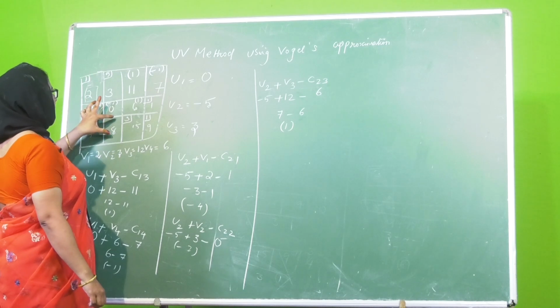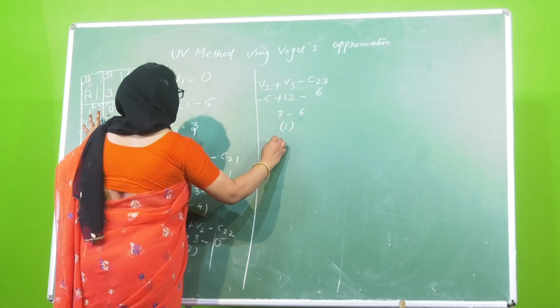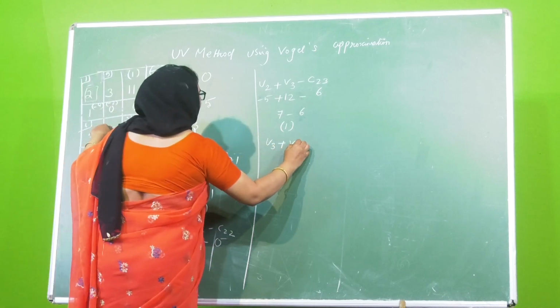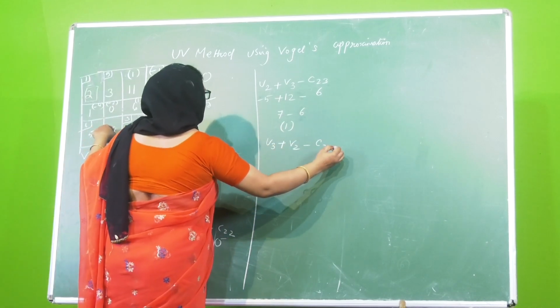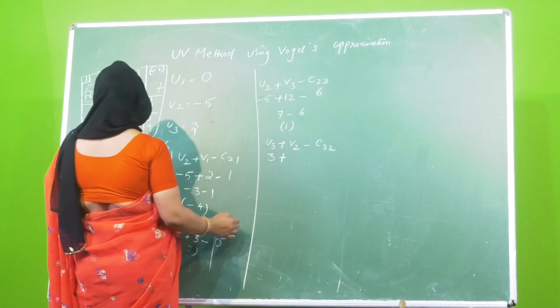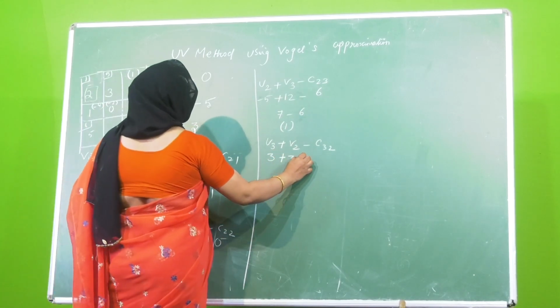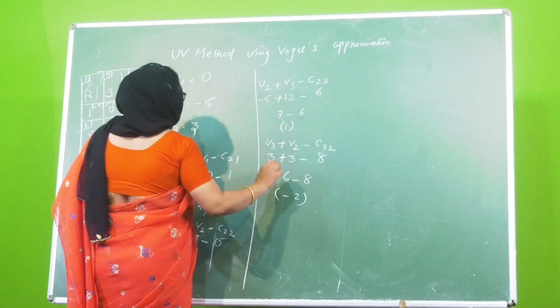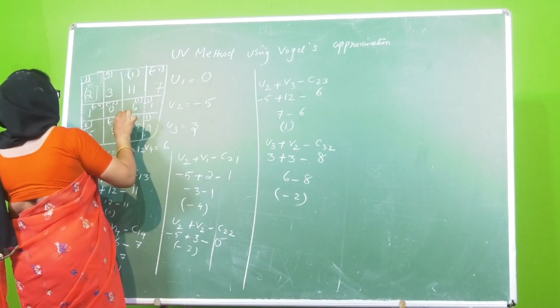Likewise, another element 8, that is U3 plus V2 minus C32. So U3 is 3, plus V2 is 3, minus 8. 6 minus 8 is minus 2.